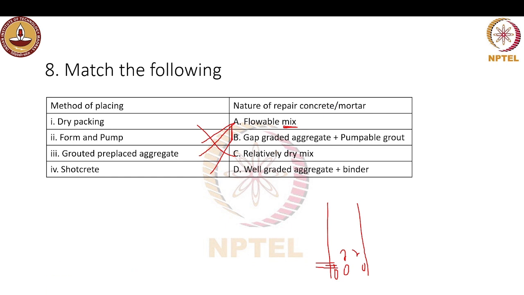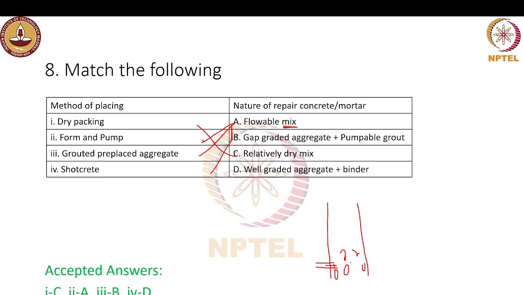Okay, see the answers. First, C: dry packing will have a dry mix. Second, A: form and pump will have a flowable mix only. You were correct the first time. Third is B: grouted pre-placed aggregate will have a gap graded aggregate plus pumpable grout. Why is that? Because we are placing our aggregates first and then adding concrete to it, and it should be gap graded because we have to fill our mortar mix into it.